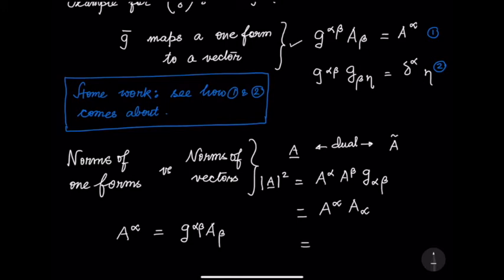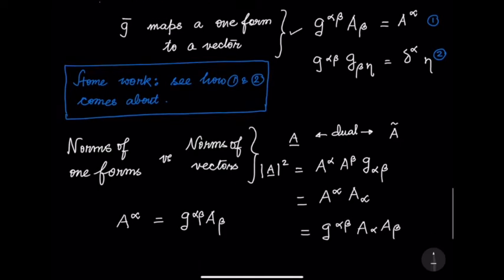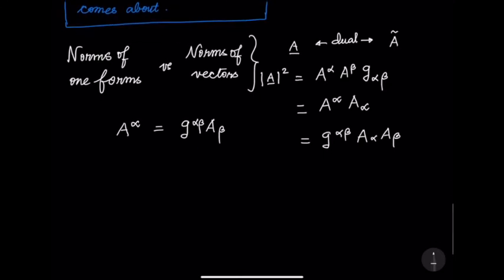So this becomes G alpha beta A alpha A beta. This is nothing but A tilde mod square. So you see that the norm of the one form and the norm of the dual of the one form, which is the norm of the corresponding vector, are exactly the same thing. So the norms are same.